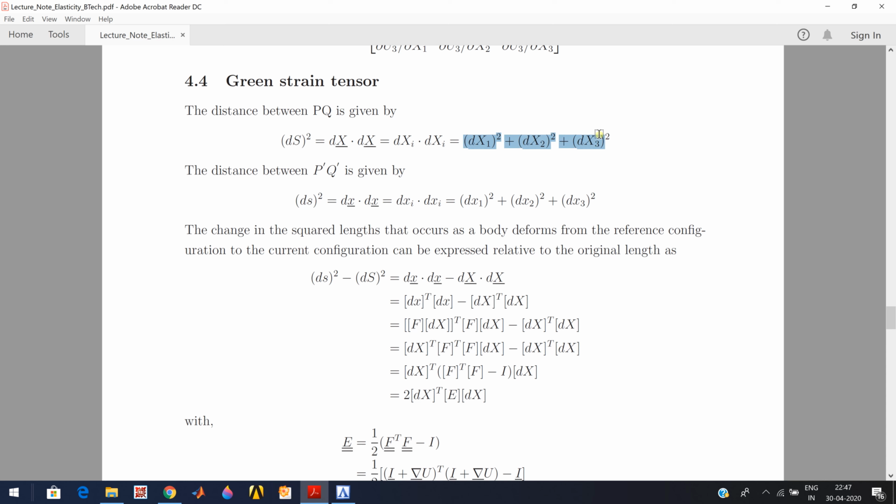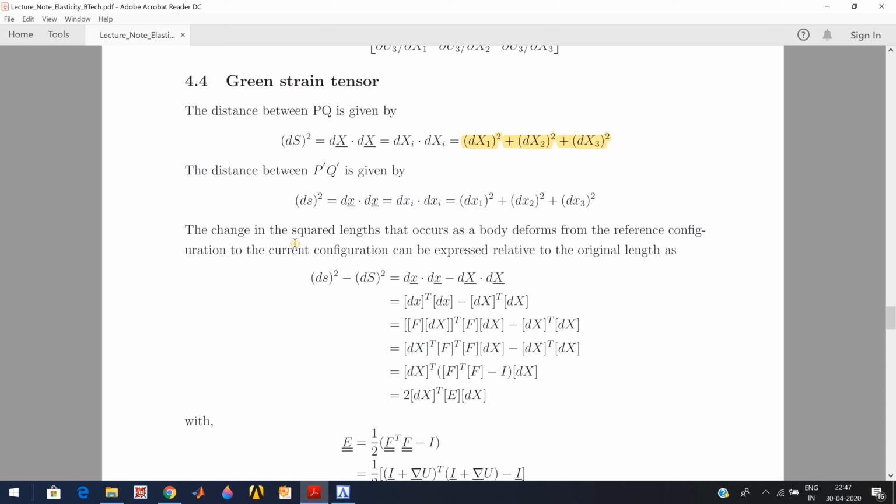Finally it is the sum of the squares of the components. Similarly P prime Q prime, which is d small s squared, equals the dot product with itself, so dx dot dx, which is again this.